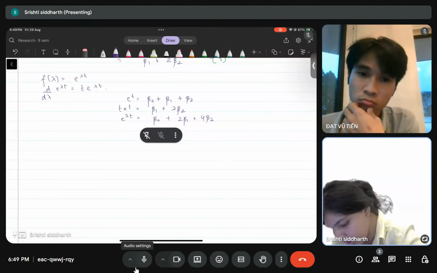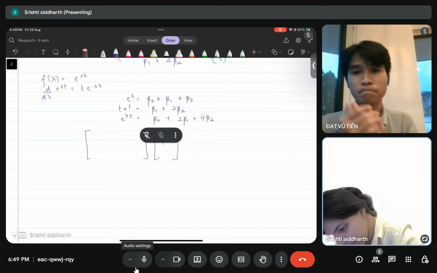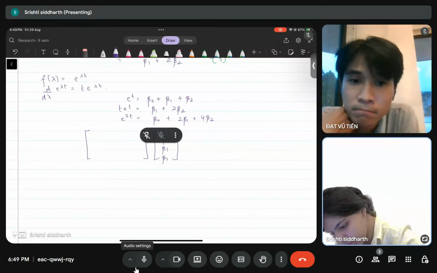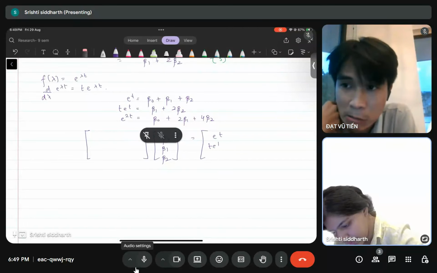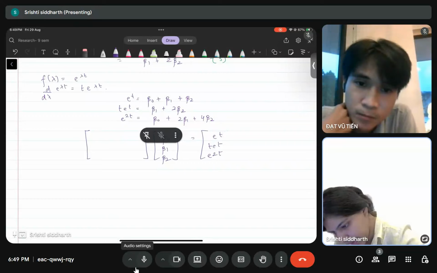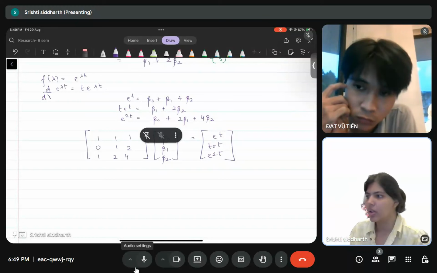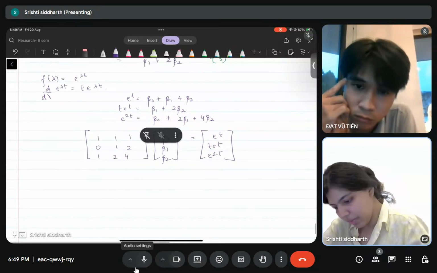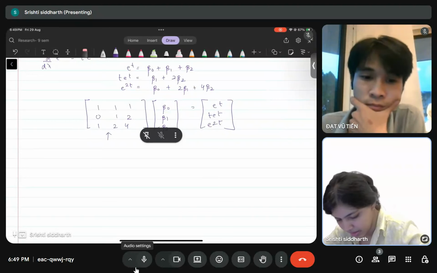Okay, this can be written in matrix form, with beta 0, beta 1, beta 2. If you have to find this out quickly, just check if this matrix, let's say M, is invertible.